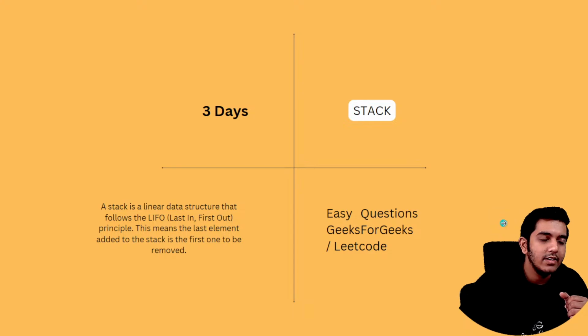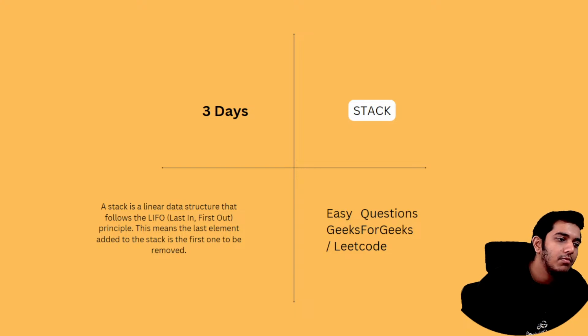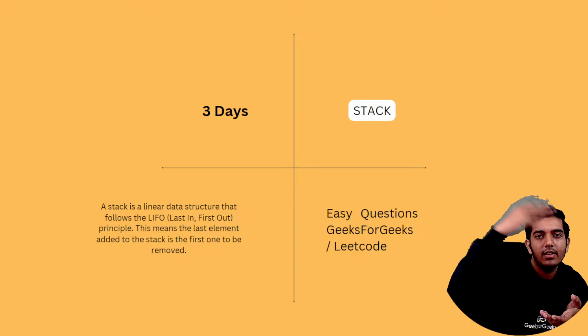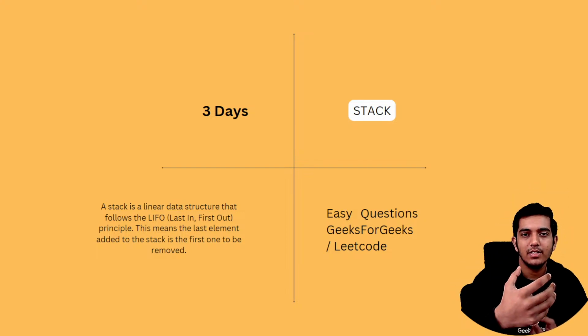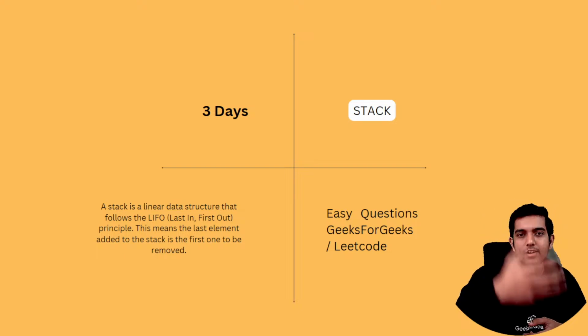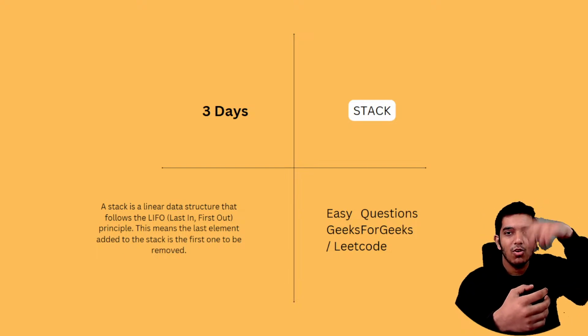Now guys, let's continue with the next one, which is stack. For stack, you're going to give 3 days. A stack is a linear data structure with the concept of last in, first out. This means the last element added to the stack is the first one removed. You can consider it a hollow cylinder, hollow from down and hollow from up.